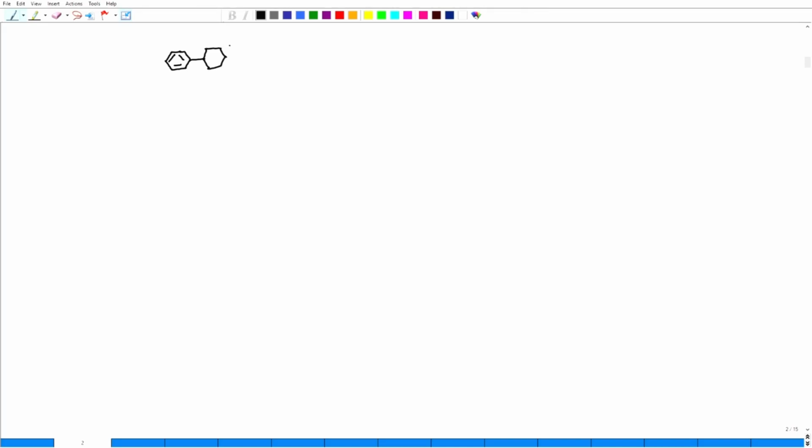It is not really very difficult to synthesize this kind of molecule, so you do not worry about these things.